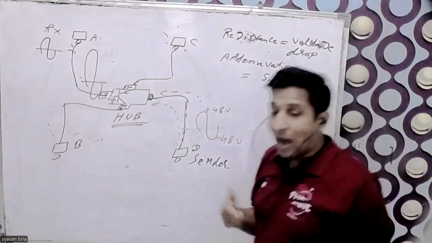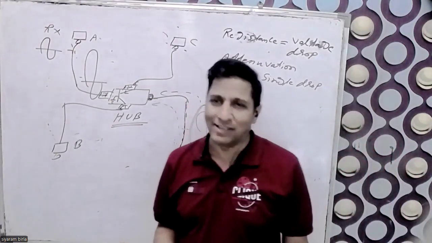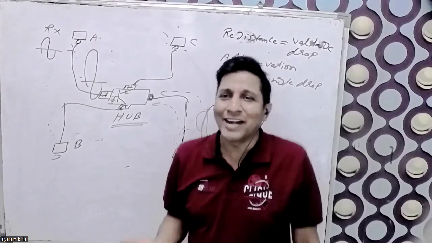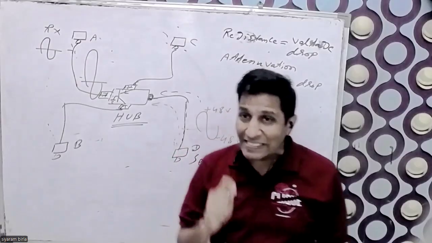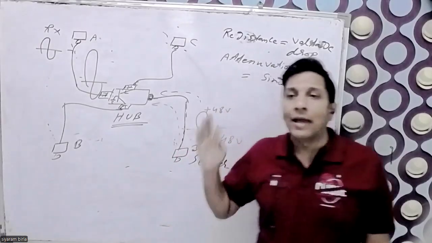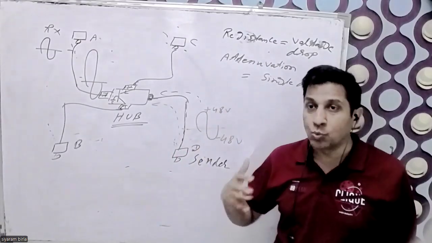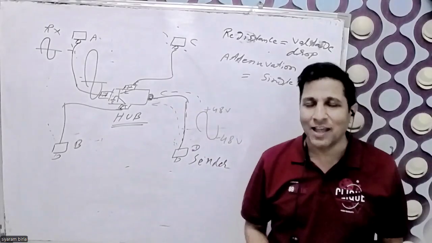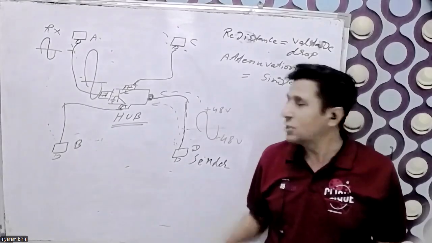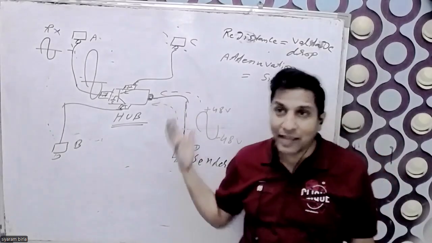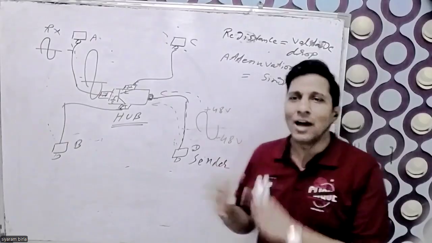The hub is an electronic device, not a networking device. If anybody asks what the hub is, you can say the hub is an electronic device which boosts the signal strength, which is used for networking purposes, and which is used for connecting the cables. That is the hub.